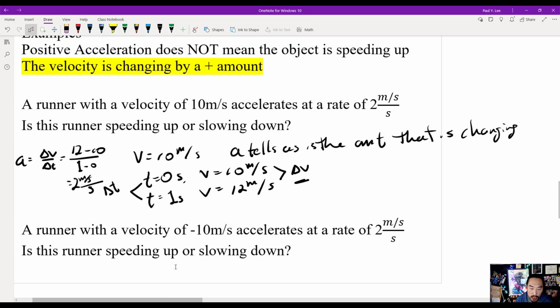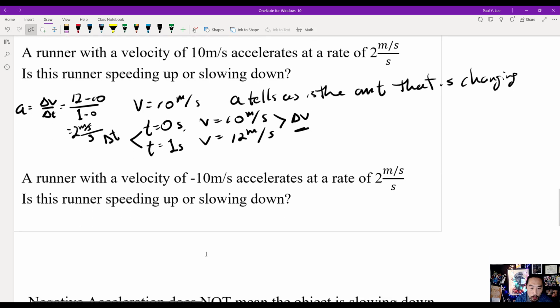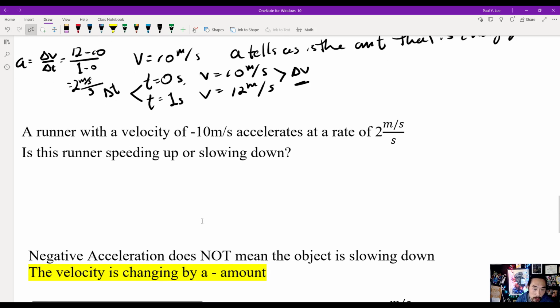now in the next example here, we get to see how a positive acceleration can in fact show us that an object is slowing down. So if we have a runner with a velocity of negative 10 meters per second and they're changing at a rate of 2 meters per second squared, right? So at a time of 0 seconds, the velocity is negative 10 meters per second, but after 1 second, that velocity is changing by a positive amount.